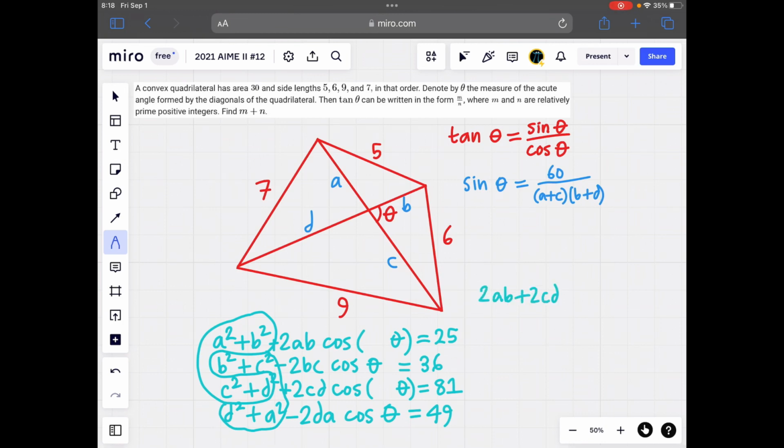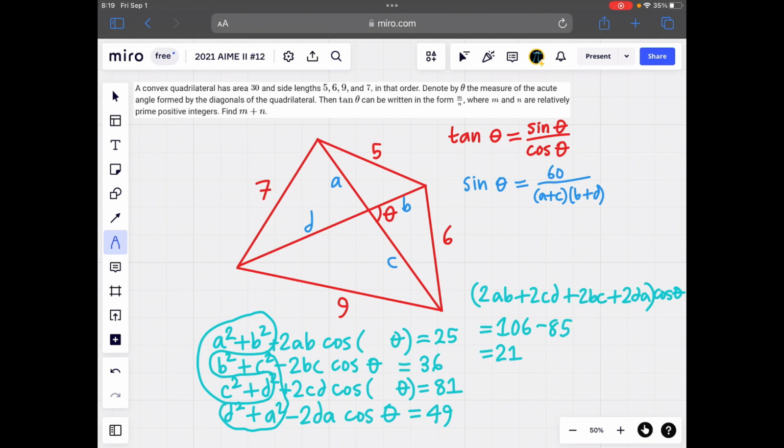And then minus of minus is plus, so it will be plus 2BC plus 2DA. And all that times cosine theta is equal to 25 plus 81 minus 36 plus 49. And that's equal to 106 minus 85, which is 21.